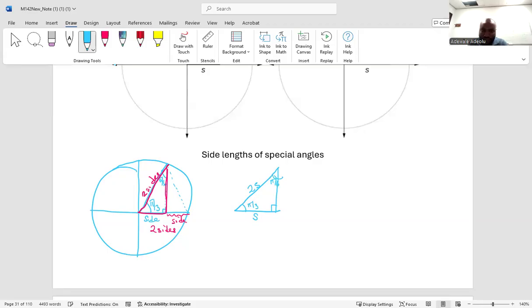Now, let me call this vertical part y. I don't know it, but we can find it using Pythagoras theorem.